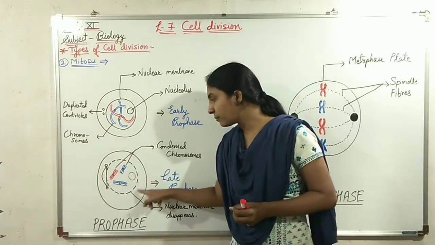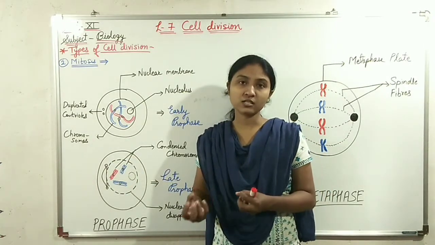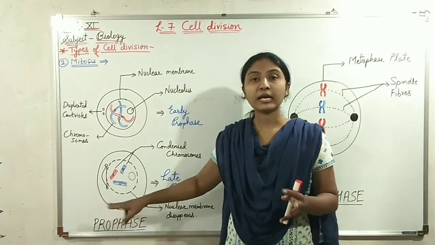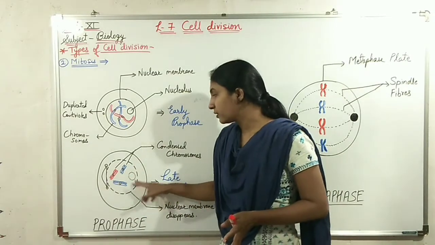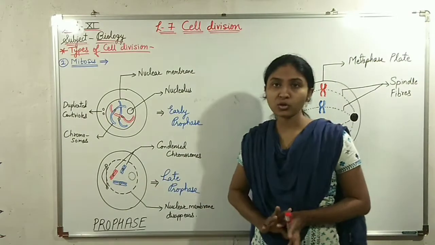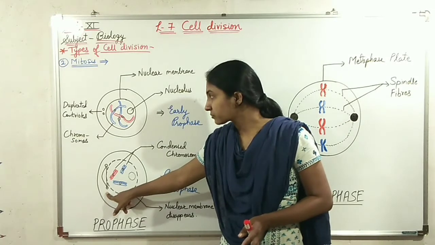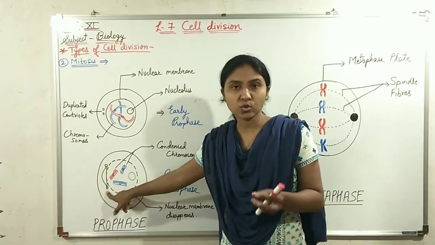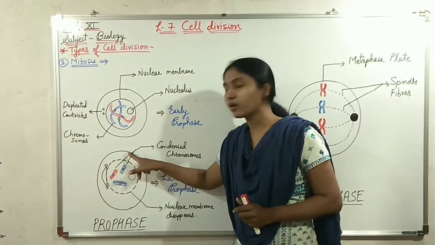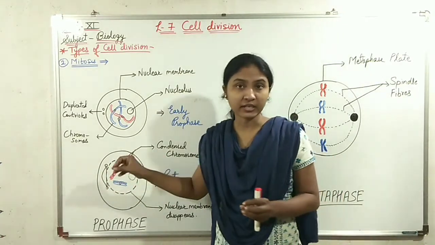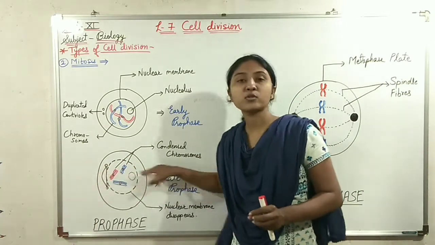The nuclear membrane disintegrates and finally disappears. The nucleolus also disappears. And these centrosomes or centrioles start migrating away from each other and moving to the opposite poles.